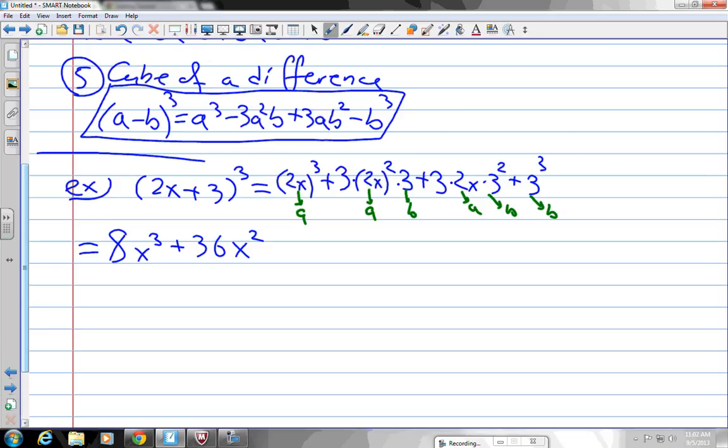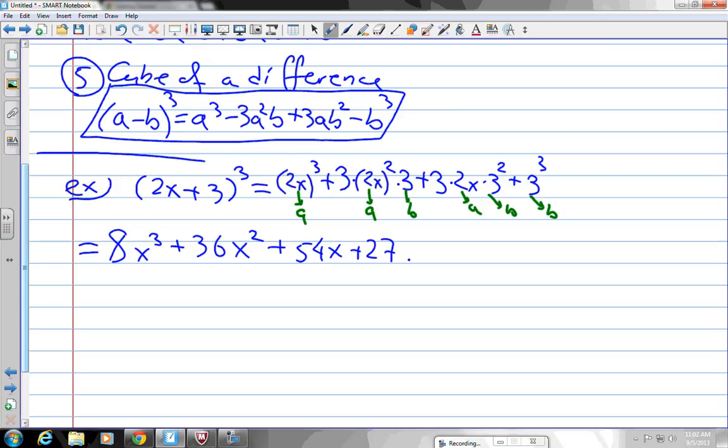What about the next one? 3 times 2 is what? 6. And what is 3 squared? And what is 6 times 9? 54. So this is 54x. And finally, 3 cubed is 27.